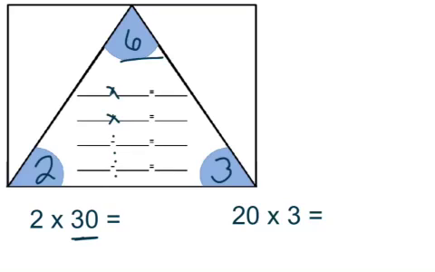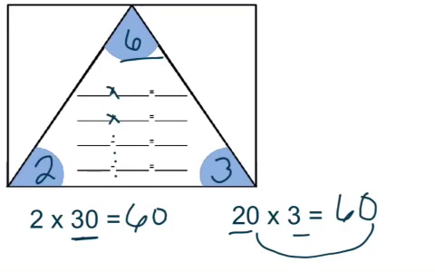So 2 times 3 is 6, and then we know that the 3 is in the tens place, so we have that 0 left over, which would get us to 60. So 2 times 30, or 2 groups of 30, would equal 60. Same with 20 times 3. 2 times 3 gets us that 6, and then we can bring our 0 over to get it to 60.